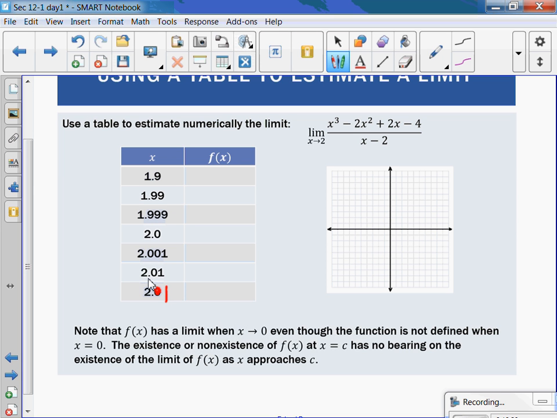So when x equals 1.9, folks, what do we get? 5.61. All right. 1.99.